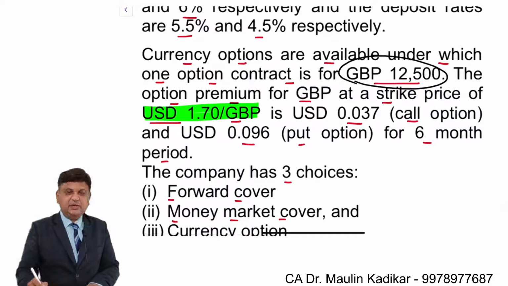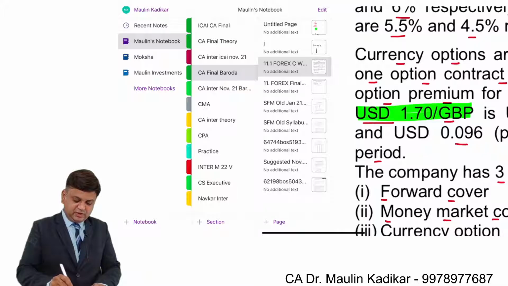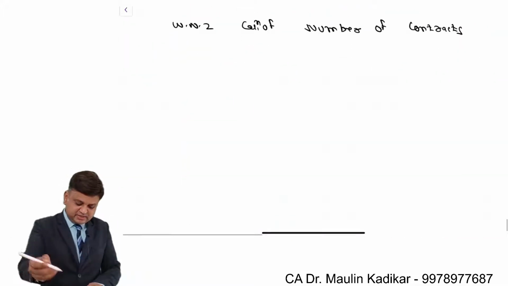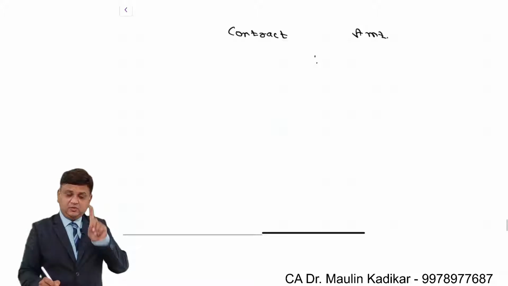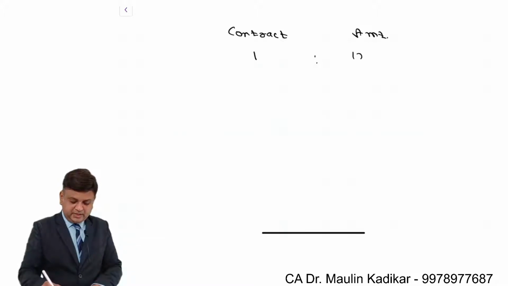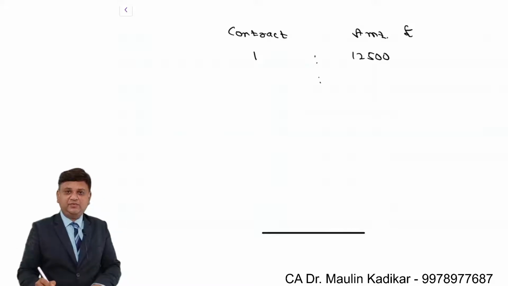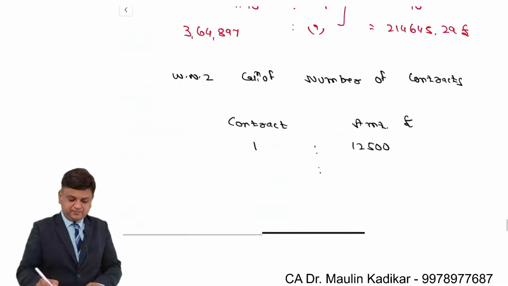We are required to enter into the transaction for the pound for 12,500 UK pound per contract.